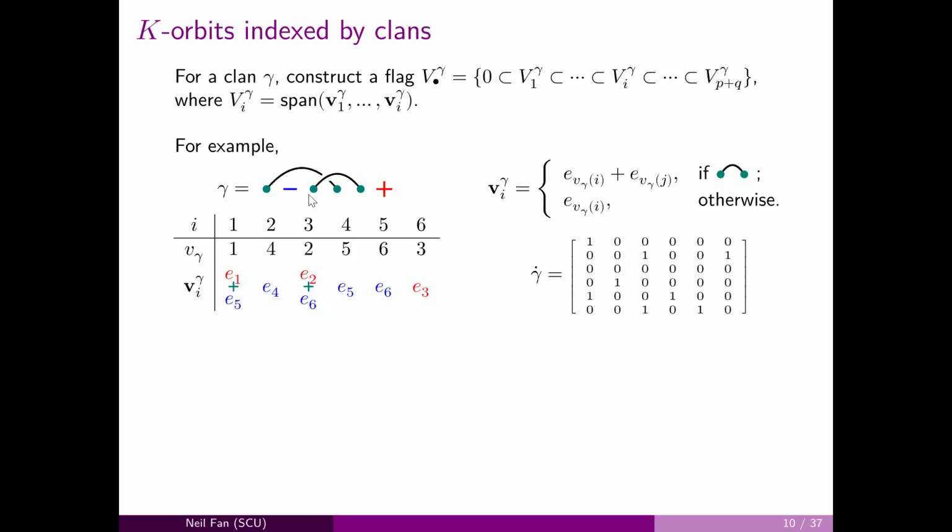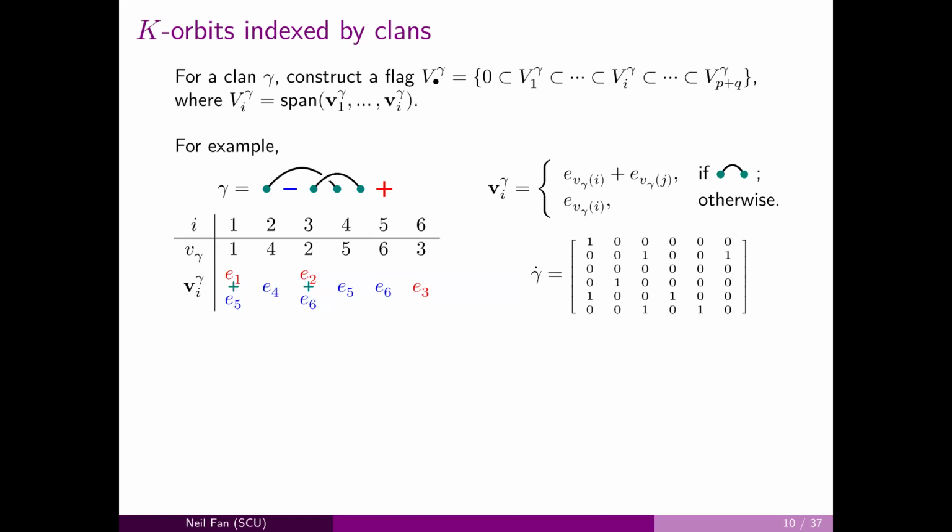Similarly, for this left endpoint, V gamma of 3 is 2, V gamma of 5 is 6. So this vector is E2 plus E6.